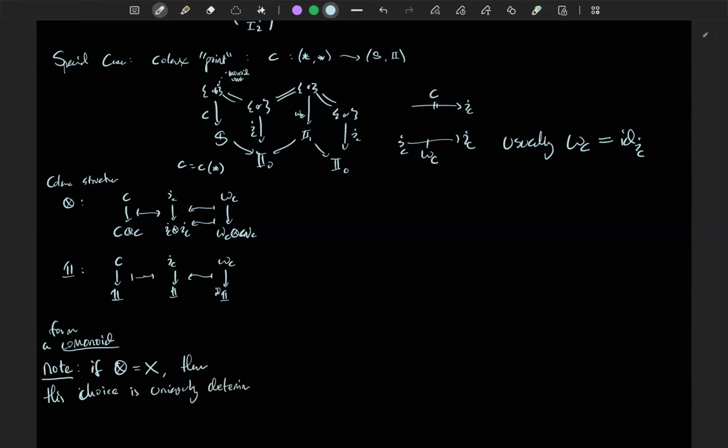It is actually uniquely determined because this is not just a comonoid, but a co-commutative comonoid, because we said it was a symmetric monoidal functor. So now it's uniquely determined by delta, C to C times C, and the terminal morphism C to 1.